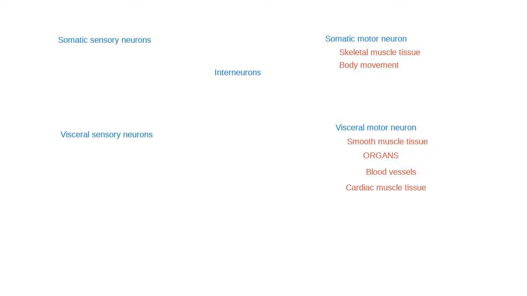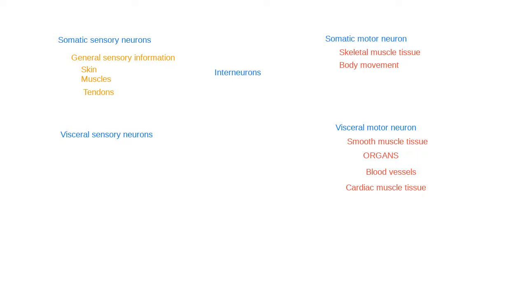So a somatic sensory neuron is going to collect general sensory information from places like the skin, the muscles, the tendons, kind of general body structures. So again, information like pain, stretching, temperature, that's the kind of stuff that a somatic sensory neuron collects from places like your skin, your muscles, your tendons.